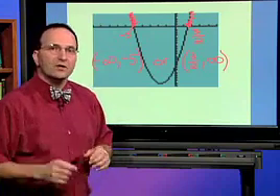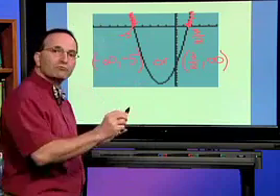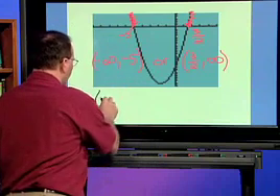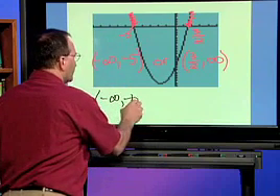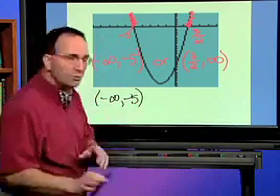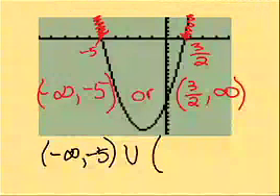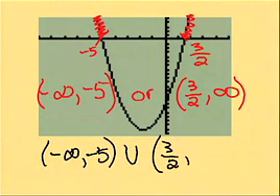So to write this in true interval notation, we would write negative infinity to negative 5 union 3/2 to positive infinity. And that would be our solution written in interval notation.